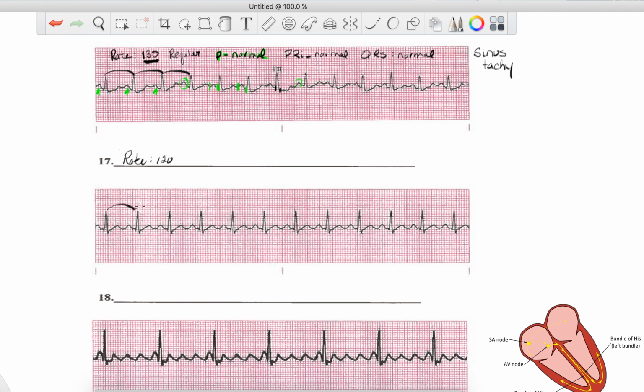It also appears regular if you measure it out. And then we can look at the P waves. The P waves are really consistent. In fact, they're more consistent than the strip above this. So the P's are normal.